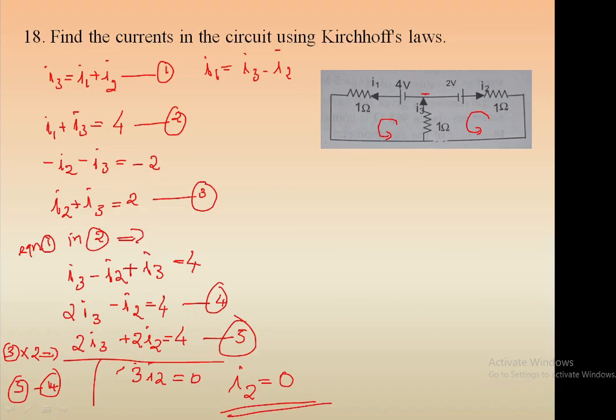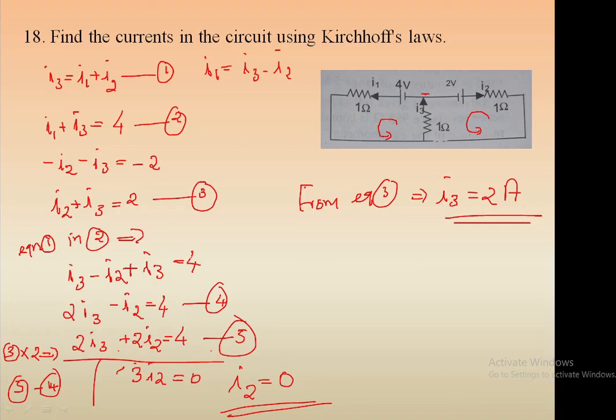Now let us substitute this value of I2 in equation 3. Since I2 equal to 0, I3 is equal to 2 ampere.